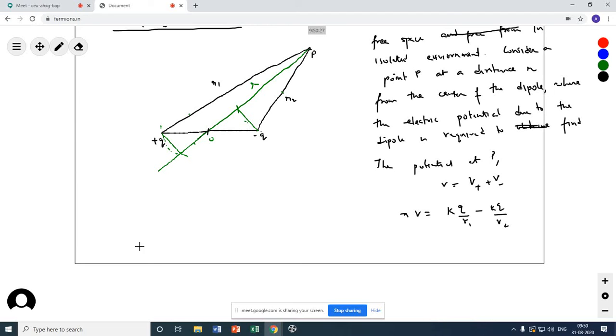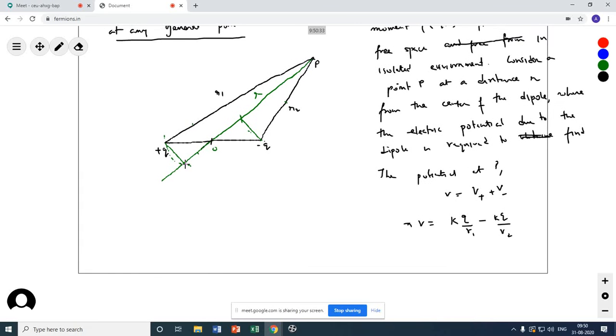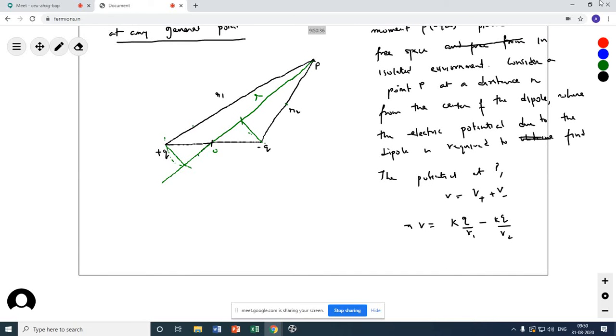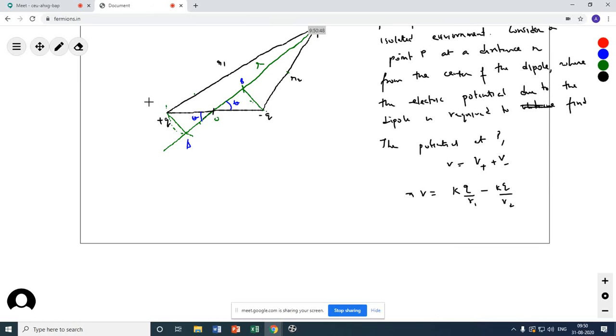Got it? So now by construction, what are you going to do? Extend the line. Let me name this point as A and this point as B. So if this angle is theta, this angle is also theta because they are vertically opposite angles. Correct?